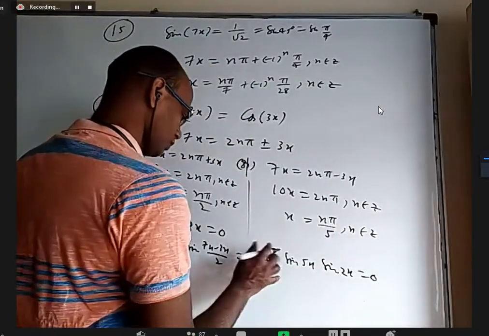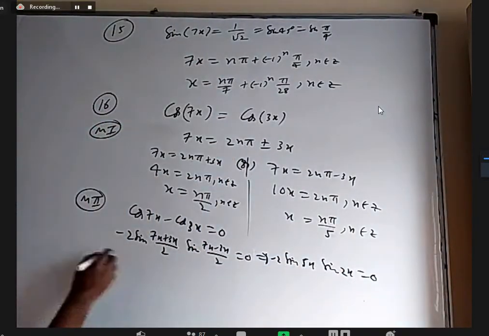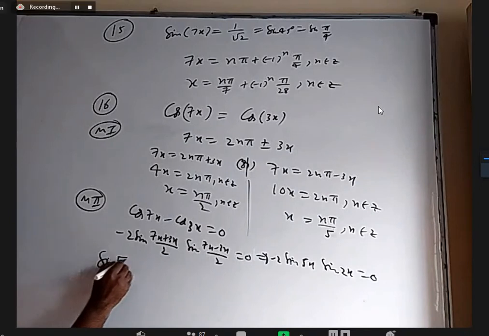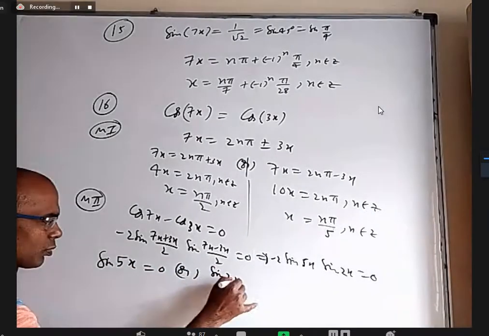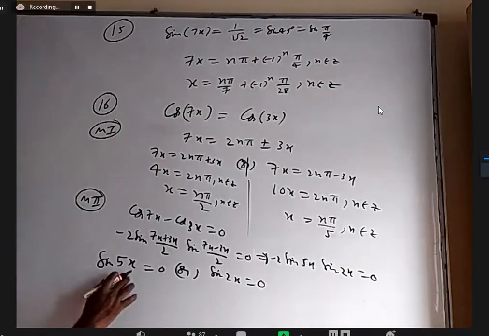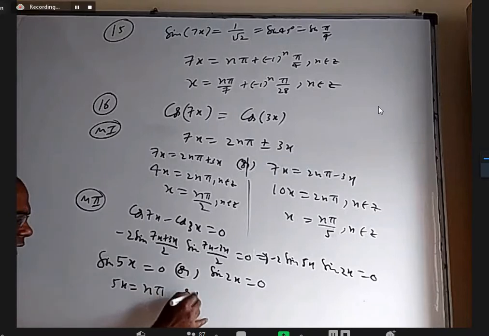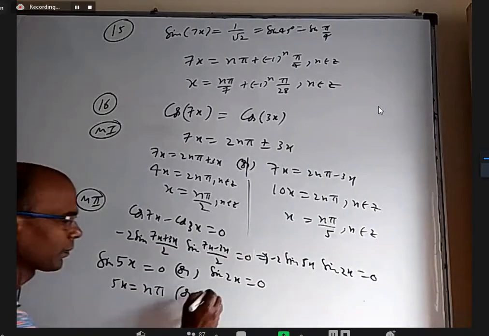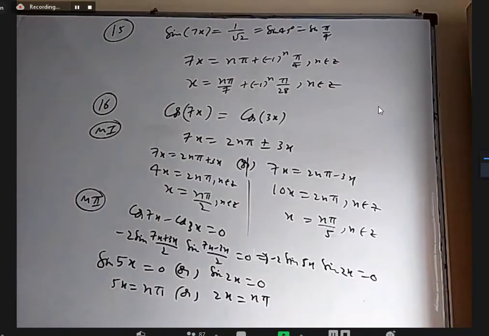The 2 is also there, of course. Product of two things is 0 means this is 0 or that is 0. So sine 5x equal to 0 or sine 2x equal to 0. Sine 5x is 0, so 5x is equal to n pi. Sine of something is 0 means that is equal to n pi. Sine 2x is 0 means 2x equal to n pi. Of course, n belongs to z.